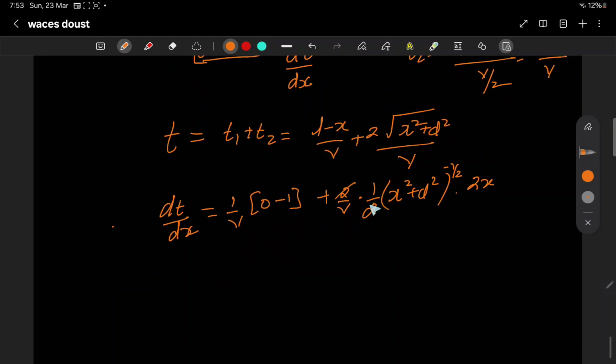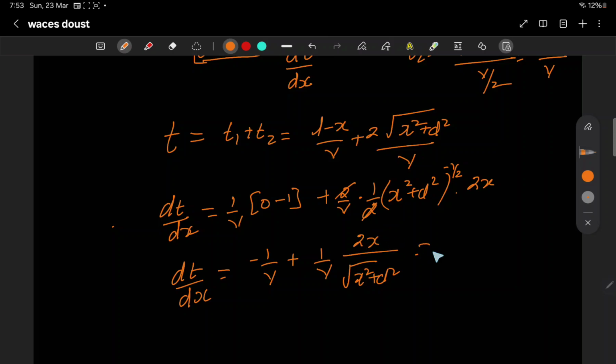So we can cancel this 2. So dt by dx, what did we do? We equate it to 0, correct? So we can equate this to 0. Here what I am getting is minus 1 by v plus 1 by v. Here we can put the root in the denominator, so root of x square plus d square, and I write this 2x here. This should be equal to 0.